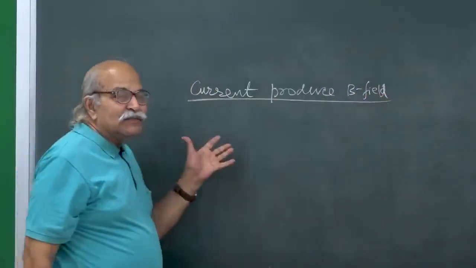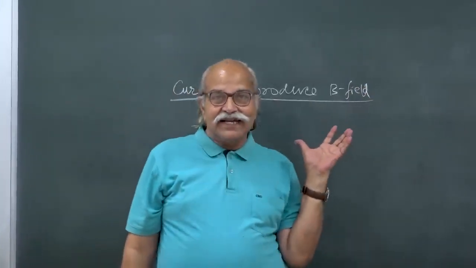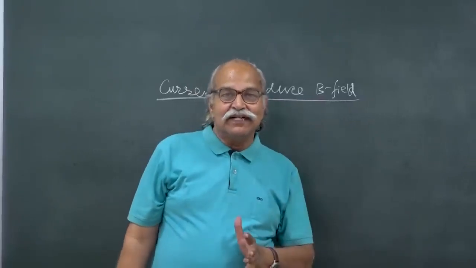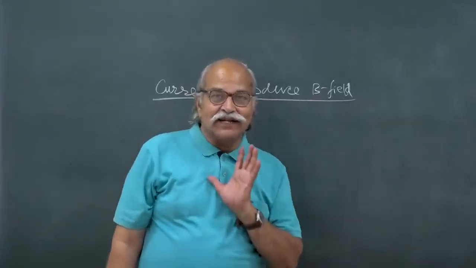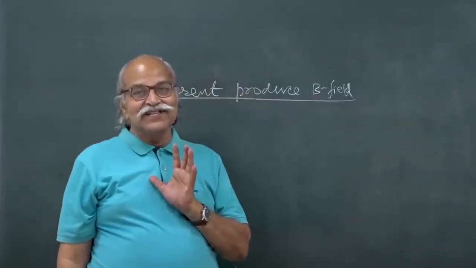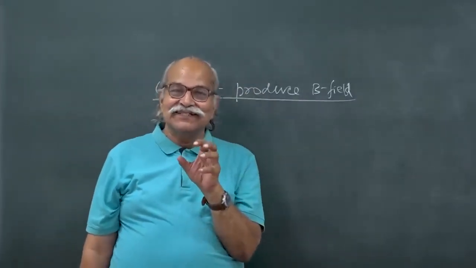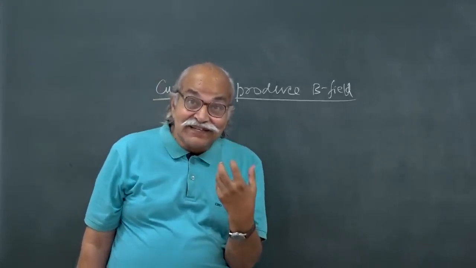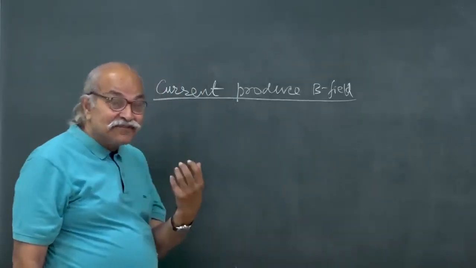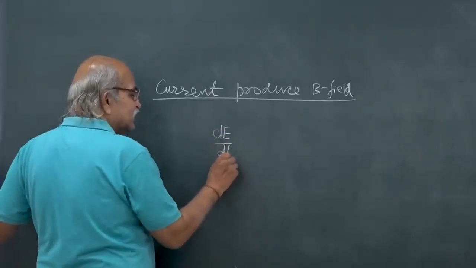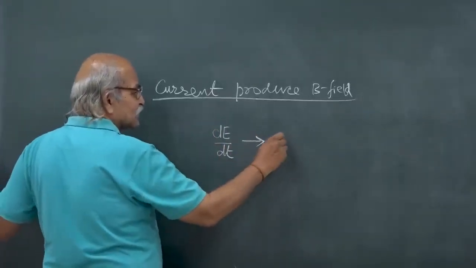However, there is yet another way where you can create magnetic field without a current, and that is if the electric field at some place changes with time. If you have electric field and if that electric field changes with time, there is a d/dt, that also produces B field.